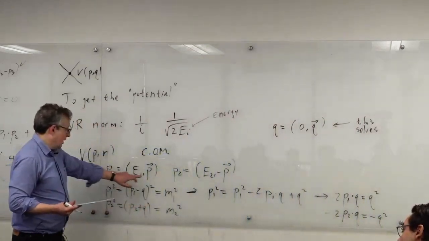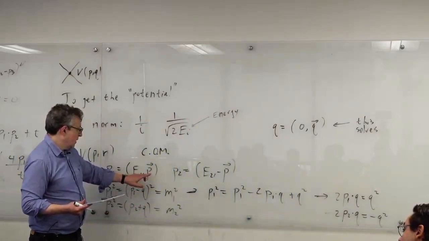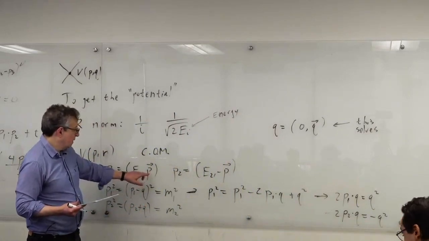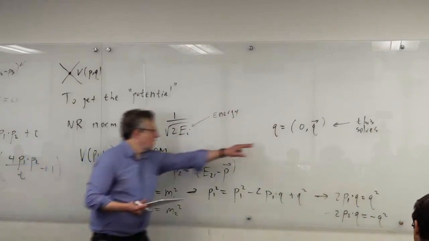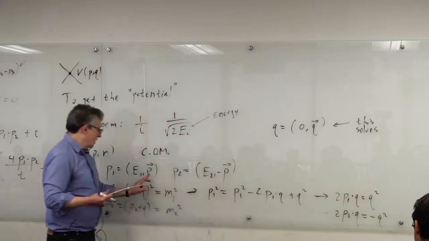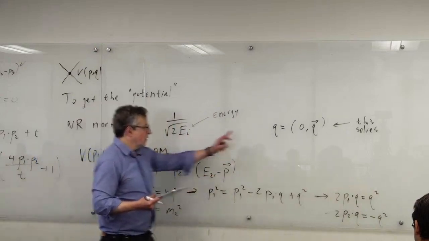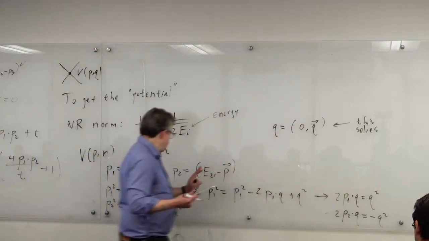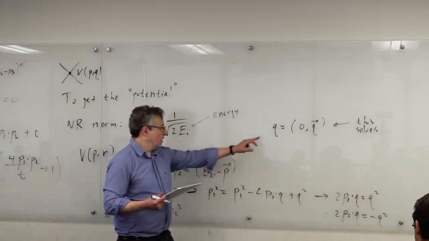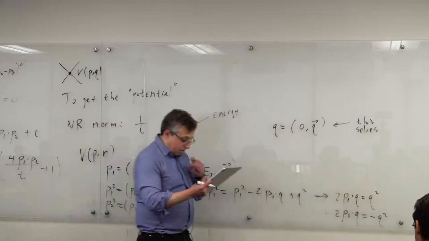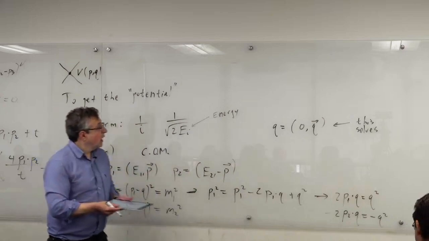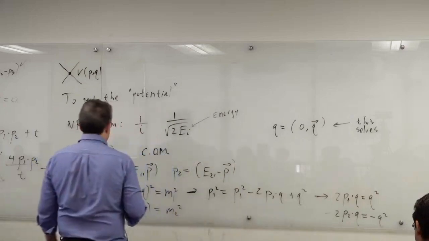So you ignore the energy. The energy dotted into Q, that's 0. There's the P into Q, and then there's minus P into Q. So I get the right minus sign. Okay? Now, I'm almost done.